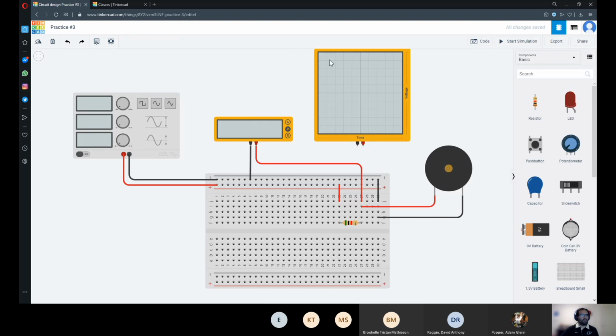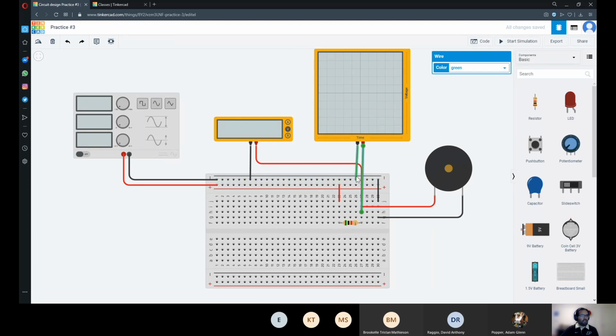So let's take a look. This big box here represents the oscilloscope. You can change the resolution, which I'm going to show you in a minute. So what I want you to do is connect the oscilloscope to your breadboard, and let's take a look at the amplitude on the speaker.